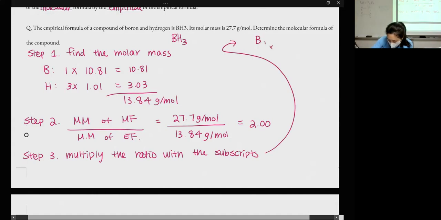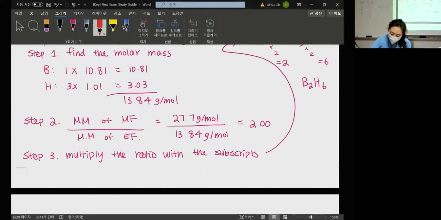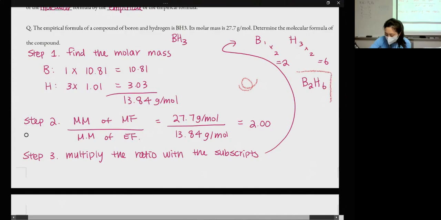B1 times 2, H3 times 2, which will be 2 and then 6. So the final answer would be B2H6. B2H6 will be your final answer for that question.